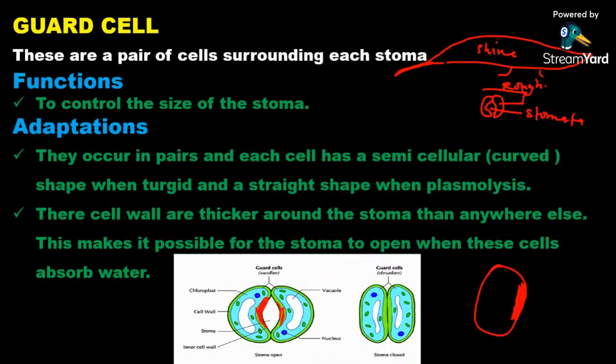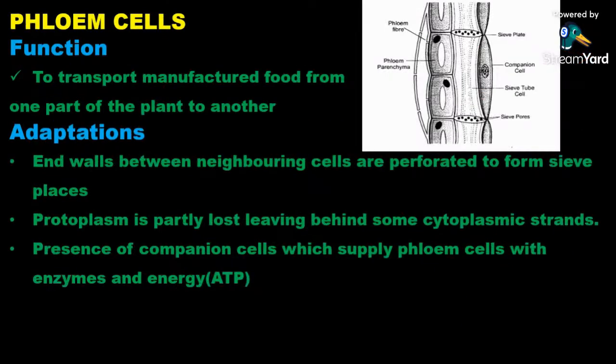Okay, but what is important is that we look at the adaptation and of course the function. Did we look at the functions? The function is to control the size of the stomata. All right, I guess there's no problem up to this point. The other part that we can look at are the phloem cells, or phloem vessels.